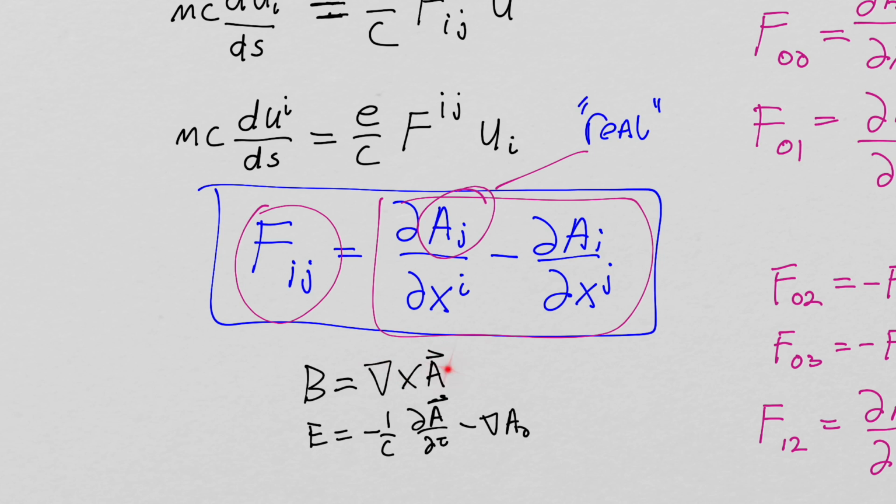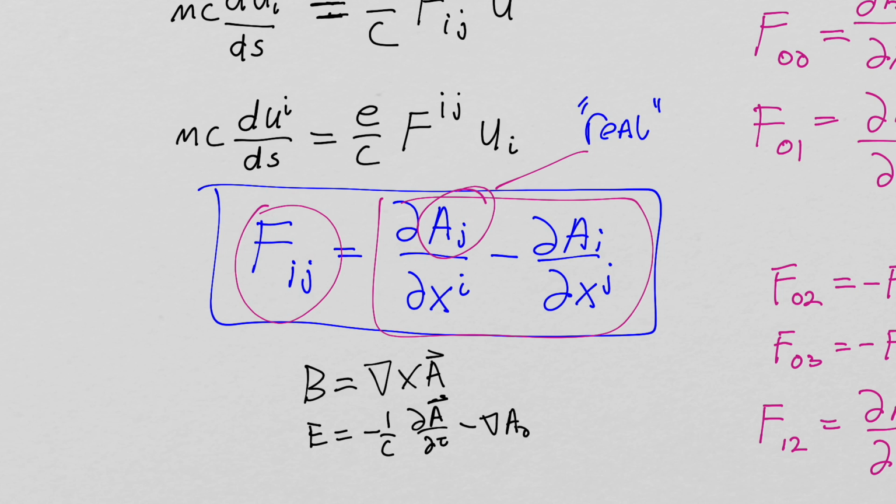You can make a gauge transformation and come up with the same field. So you argue, I measure the field, so there's a 4 potential out there, but the 4 potential is only defined up to some gauge. So how can something be real if it's not unique, right? That's what we're saying here: A is not unique to give us what we measure as B when we do experiments. So maybe A isn't so real after all.